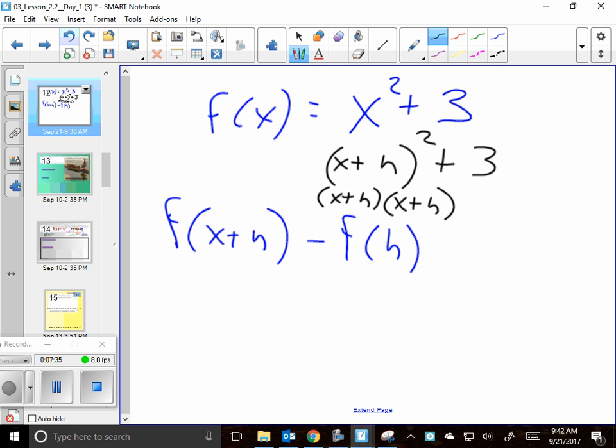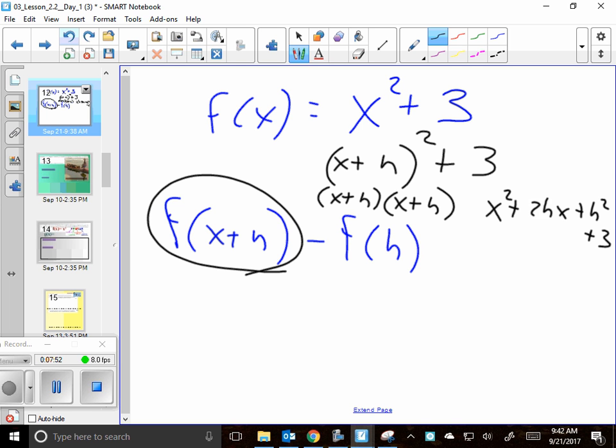It is x squared plus 2hx, or xh, that doesn't matter, and then plus h squared, and then plus 3. There, so there's my 4-part answer to just this part. I'll rewrite it. X squared plus 2hx plus h squared plus 3.